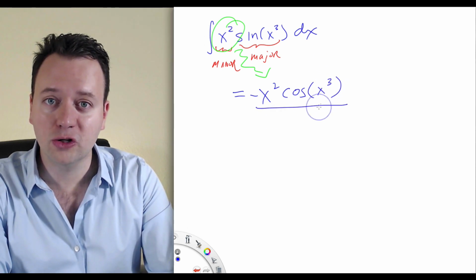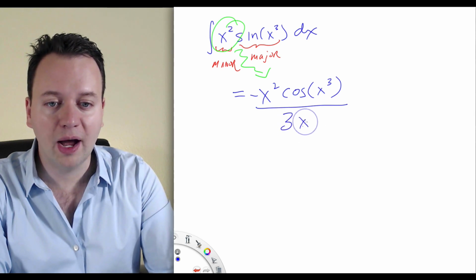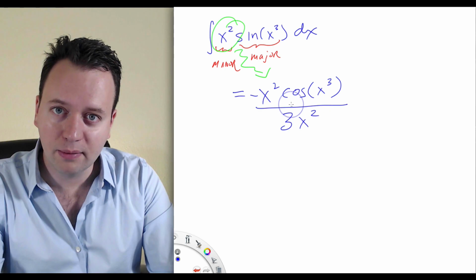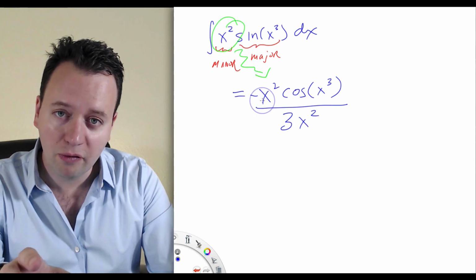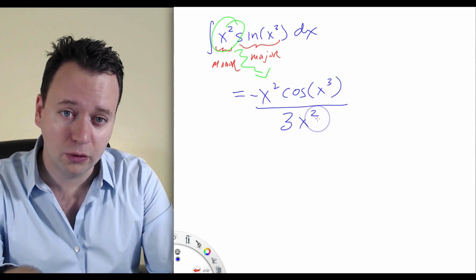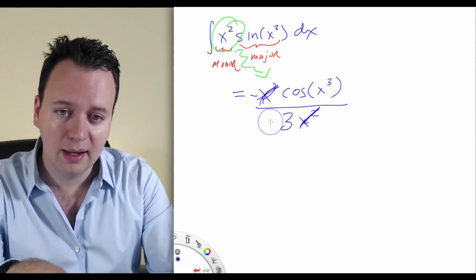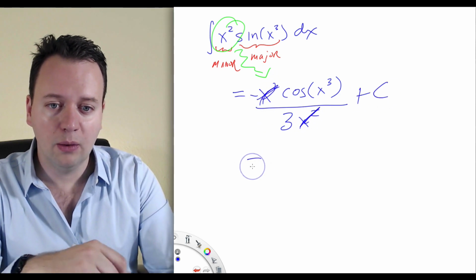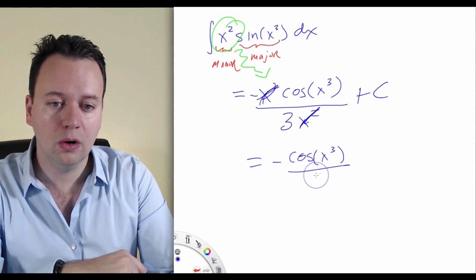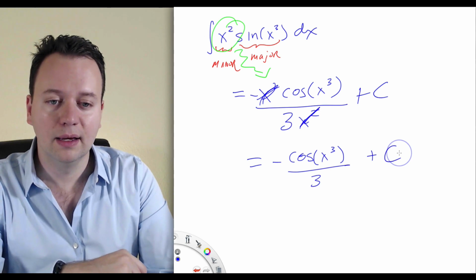The inside function is x cubed, so we need to divide by 3x squared. And it only works if the x squared that we're dividing by cancels out with the minor. So all the x's in the minor function have to cancel out with all the x's of the derivative of the inside. So this x squared cancels with that x squared, and we just have negative cosine of x cubed over 3 plus c.